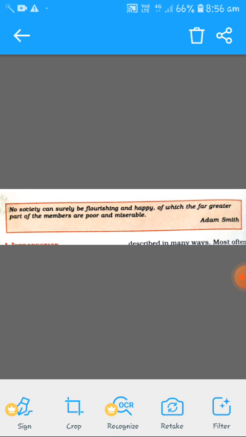When the majority of people are poor, they are not happy, so that country is not prosperous. When the majority of the people are happy, then only we can say that the country is prosperous. This is what Adam Smith tried to say.